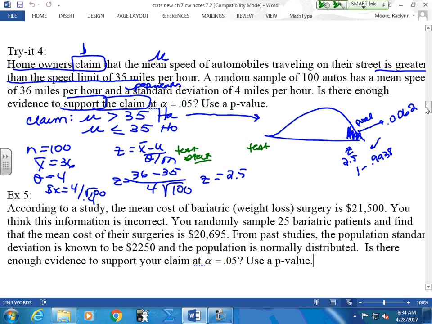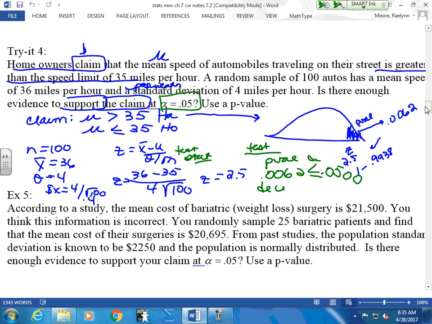I'm testing now my p-val with my level of significance. Here's my level of significance. Here's my p-val. I'm going to fill those with zeros. Is 62 less than 500 or greater than 500? Less than. So I'm going to use the less than or equal to.